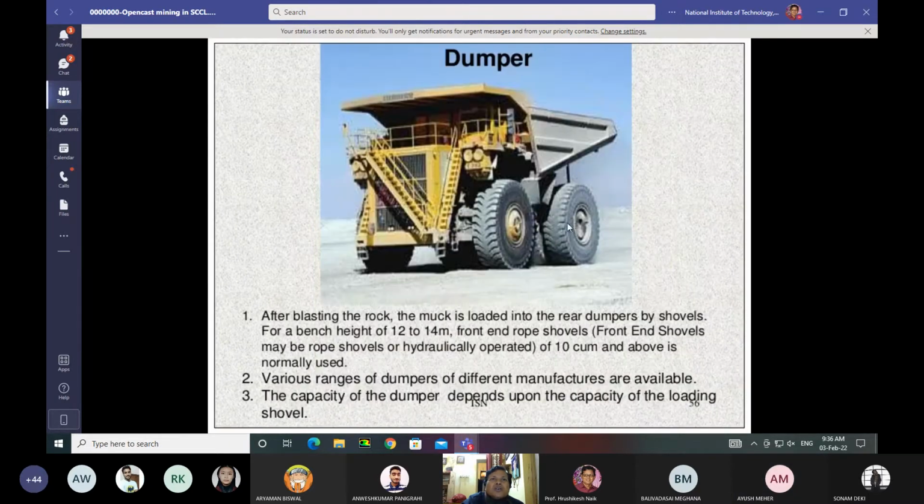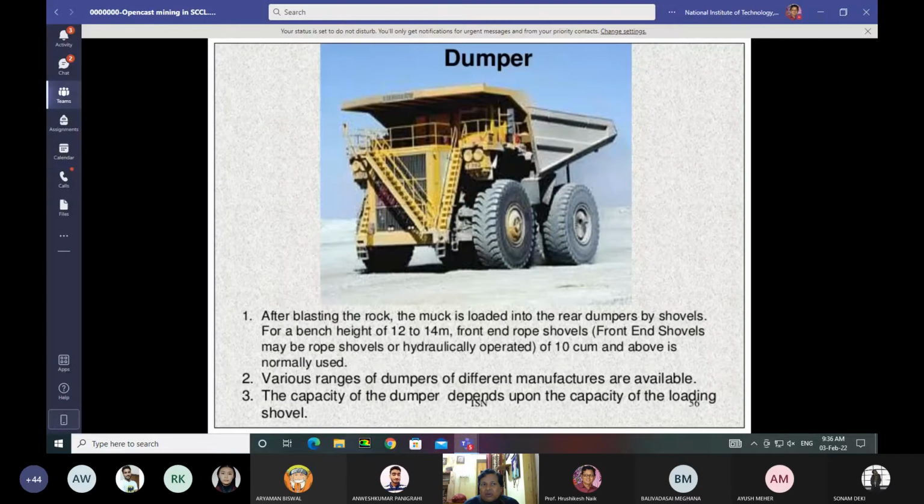So then in shovel dumper mining, dumper is an important component. Whenever you are going to select the shovel dumper mining combination technology, then dumper is the important component of your shovel dumper mining technology.